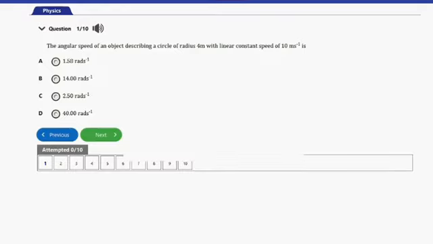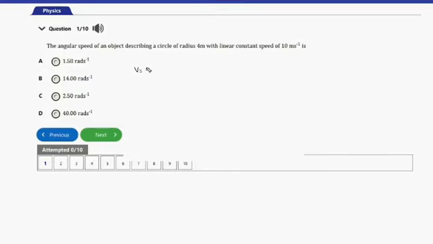It says, the angular speed of an object describing a circle of radius 4 meter with linear constant speed of 10 meter per second is. Alright, so guys, here we have the radius and then we have the linear speed. So if we want to get the angular speed, we have to relate it to the equation.